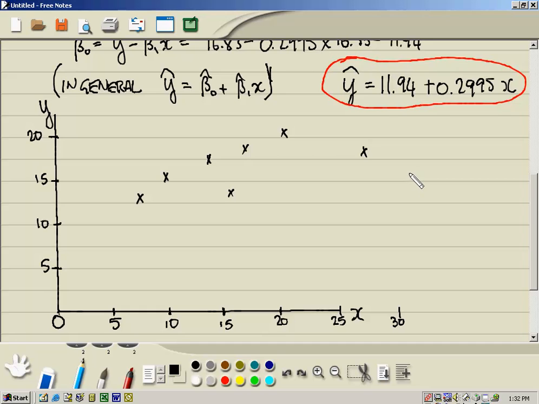Alright, so up to that point, this is our scatter diagram, so the XY plot of our 7 observed data points.